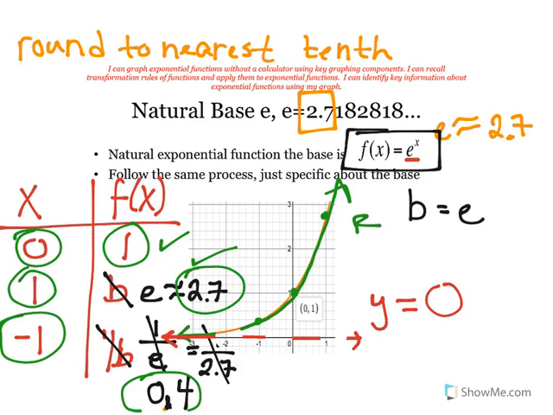It is approaching that asymptote, but it never crosses it. Okay? Hence the purpose and the definition of an asymptote. So those are your big pieces of information so far. All those transformation rules, knowing what your base is, the big 3 points and how to use them, and your asymptote.